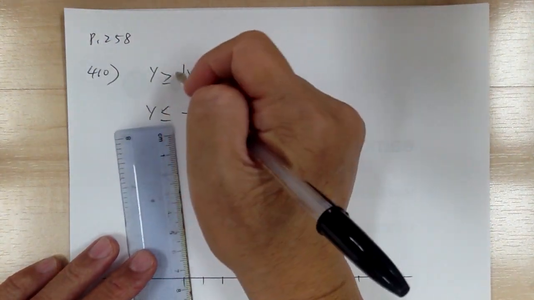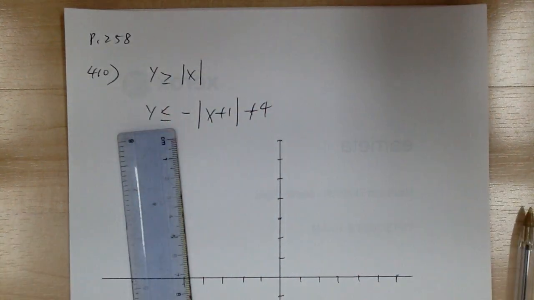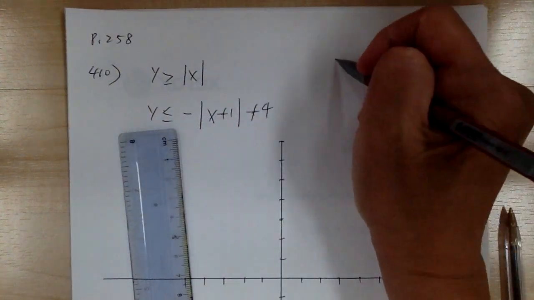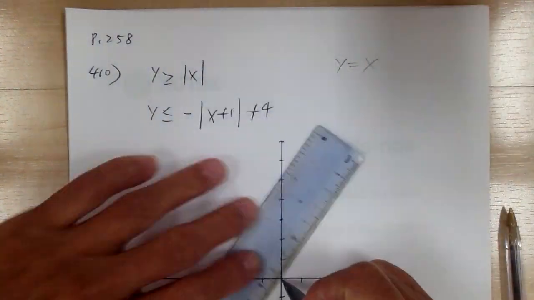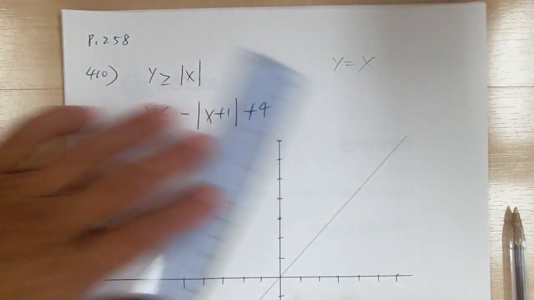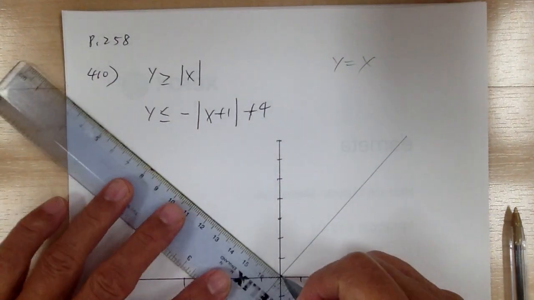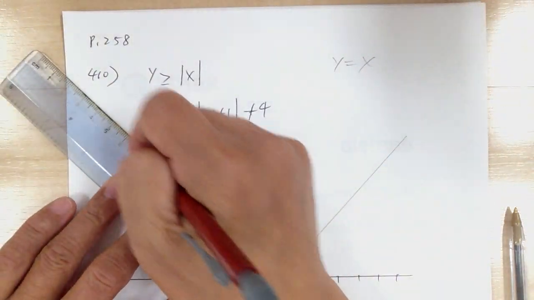Okay, so y is greater than x. So what you do again? First, you graph as if it were a regular function. So if you graph y equal to x, okay, you get this situation, and absolute value will flip it over. So you end up with this situation.